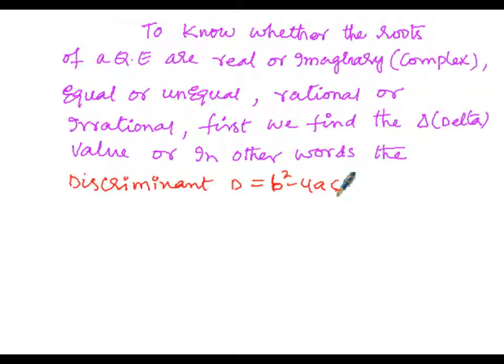So the nature of the roots entirely depends upon delta, that is D, given by b square minus 4ac.